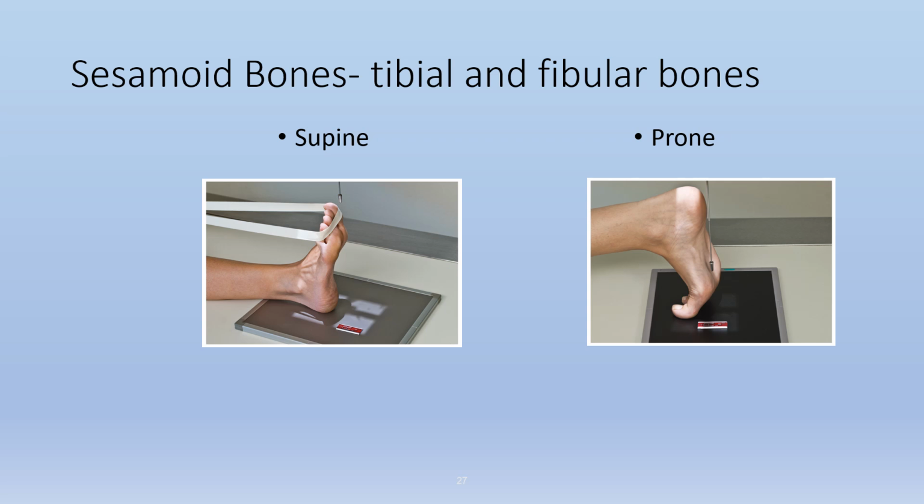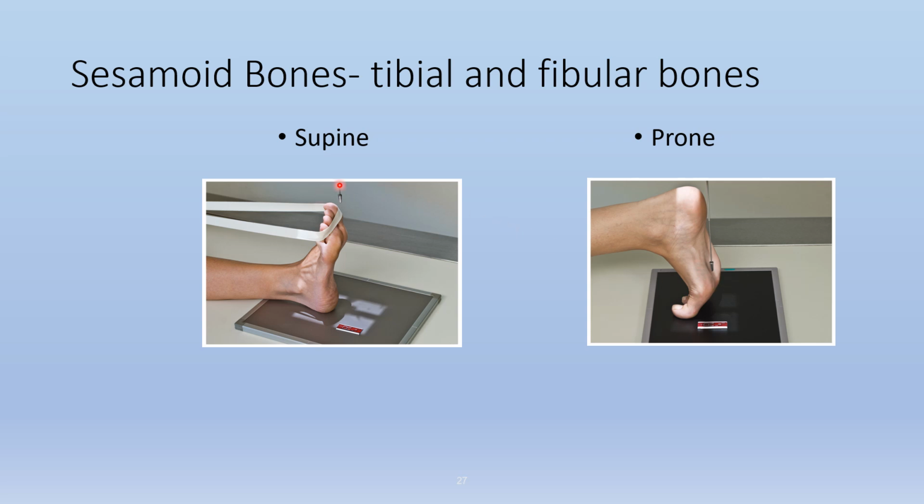They show you that you can take an image of those with the patient either supine and dorsiflexing their foot, using, in this case, a Velcro band to pull back on the toes. Or you can place the patient prone and put their toes on the image receptor and have them dorsiflex that way as well.